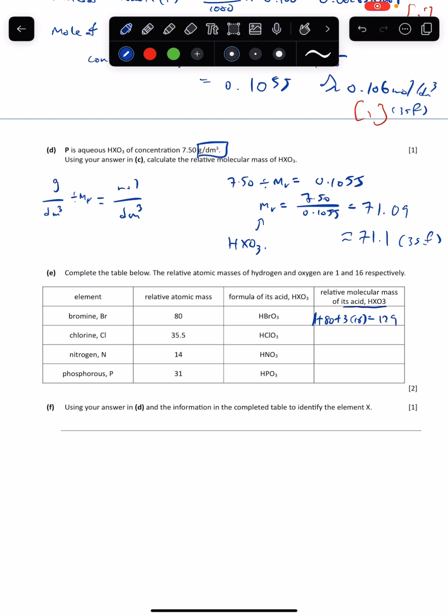Do the same for the rest. You get 48 plus 1 plus 35.5, and 14 plus 1 plus 48.